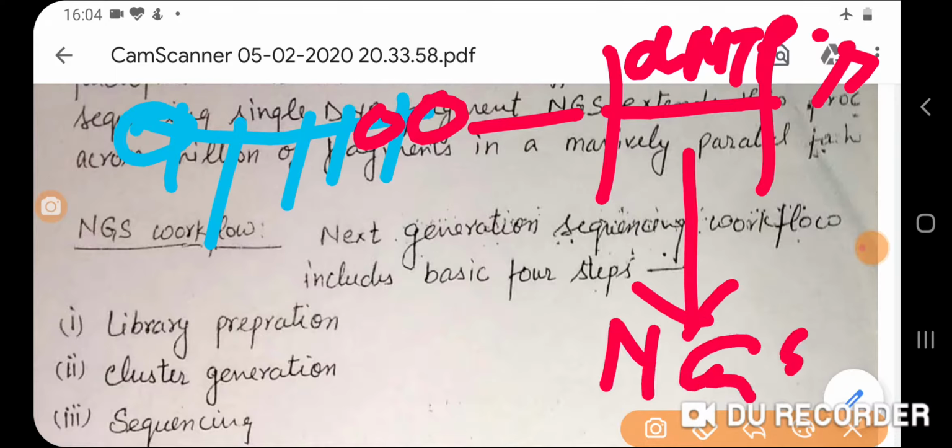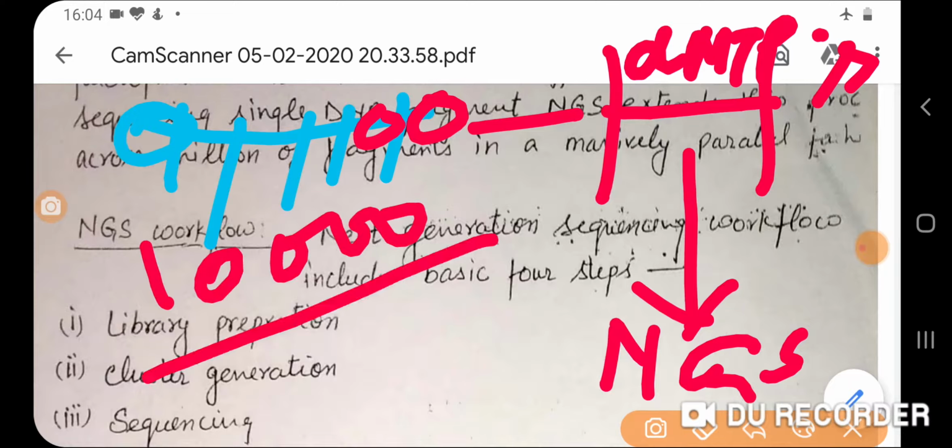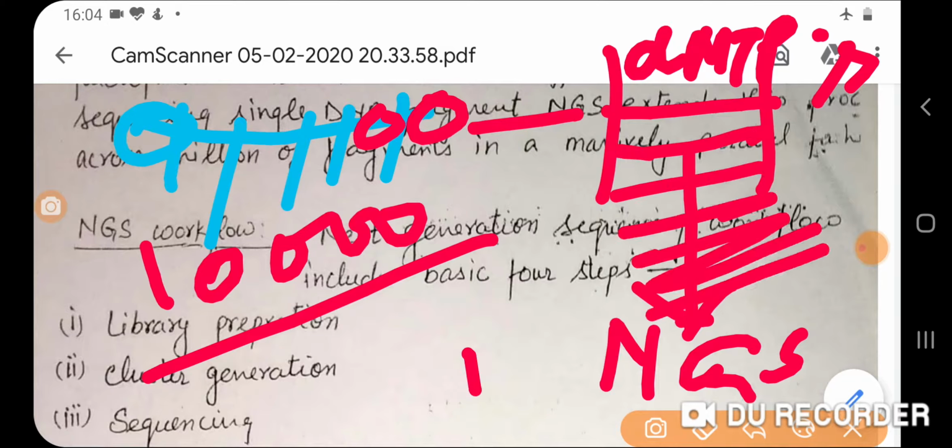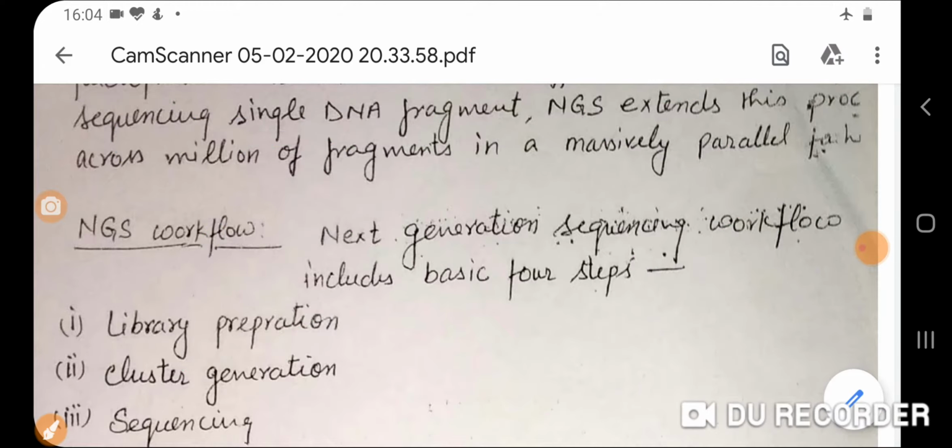In the older method we go one by one. If we have 10,000 sequence fragments in a DNA and each takes 1 day, it takes 10,000 days to complete the process, and then the analysis. So it is a very tedious process. What NGS does is it takes the whole sequence, holds the fragments together and performs the sequencing. That makes the process very easy.